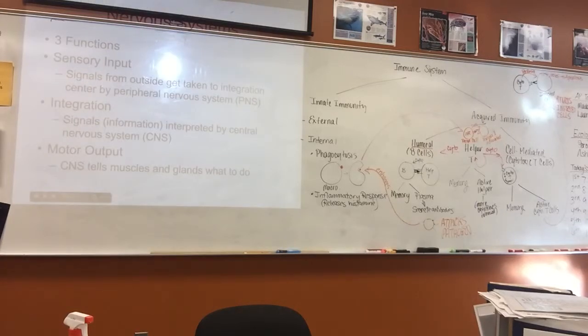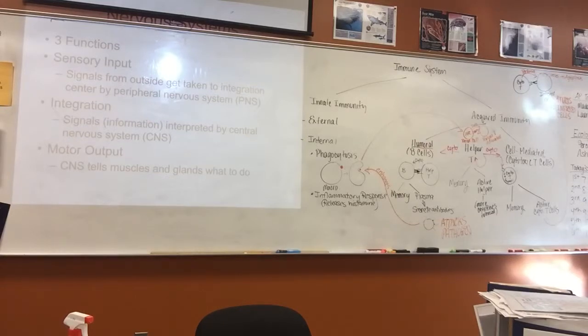There are three basic parts or functions of the nervous system. The first is to receive sensory input. Signals from the outside get taken to the integration center by the peripheral nervous system, abbreviated PNS. Once those signals get to your central nervous system, that's the second part, integration.